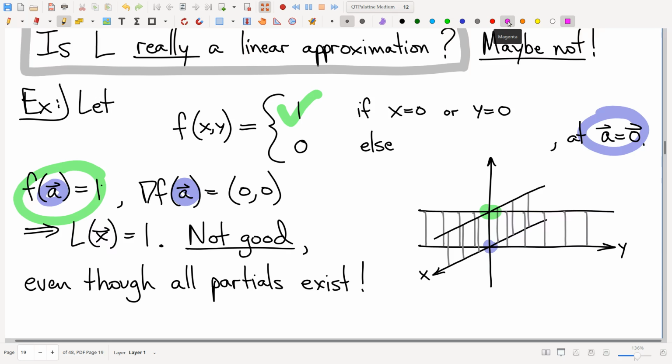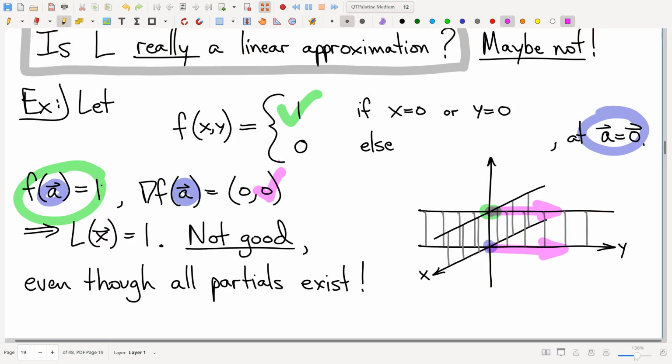The partial derivatives just say wherever you are, start moving. For example, let's talk about the y partial. Start moving in the y direction, and the value of the function does not change at all as I move in the y direction. It's constant in the y direction at that point. And so the partial derivatives are just 0. So this is the picture of why the y partial is 0, and likewise the x partial is 0.